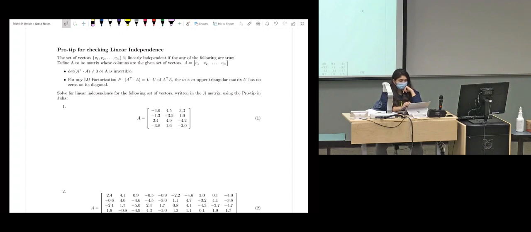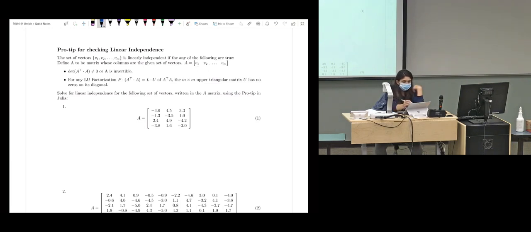So we use what is called the pro tip for checking linear independence. So given a set of vectors v1, v2, vm, they are linearly independent if any of the following are true. It's just a rephrasing of the pro tip that you'll see in the book and in the lecture. So you can say that this set of vectors is linearly independent if I define a matrix A, all of whose columns are given by the vectors v1, v2, vm.